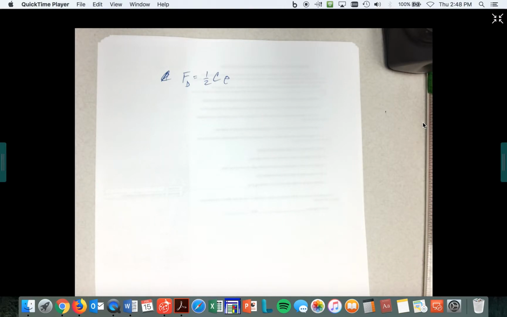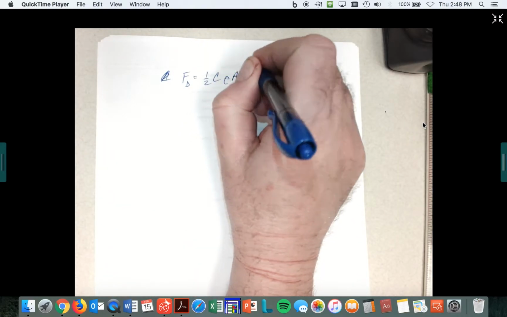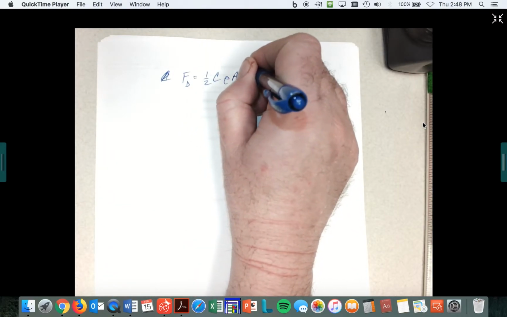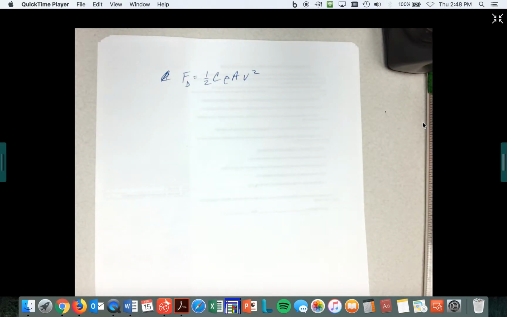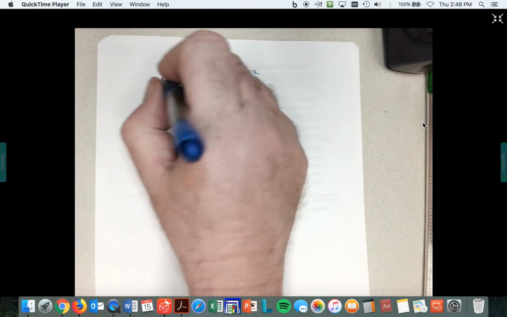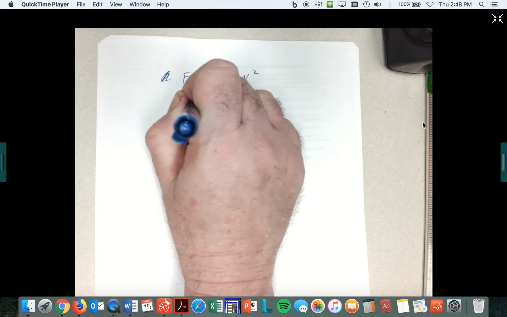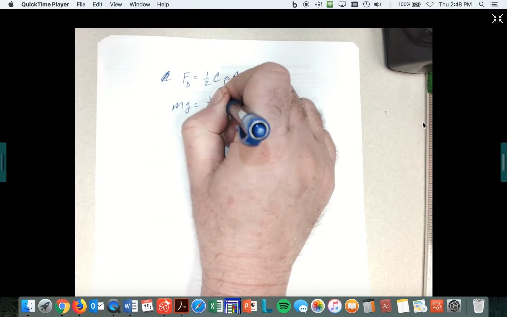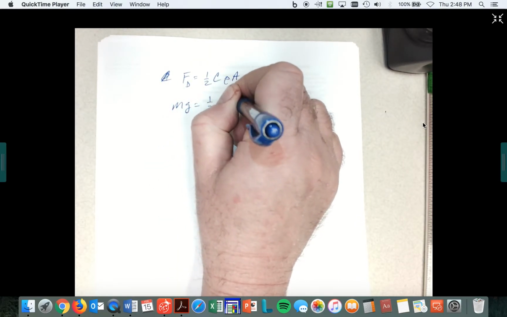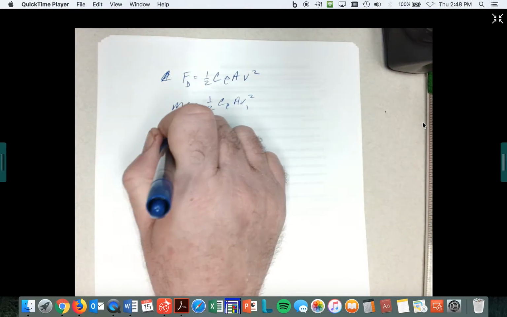It gets really crazy. So with the 90 kilogram diver, you're just going to calculate when mg is equal to 1/2 C rho A v squared.